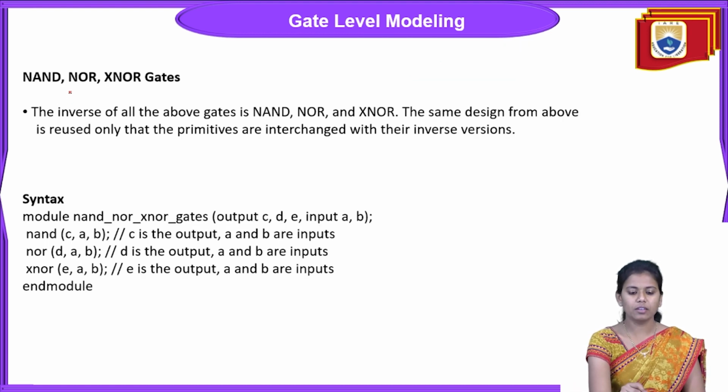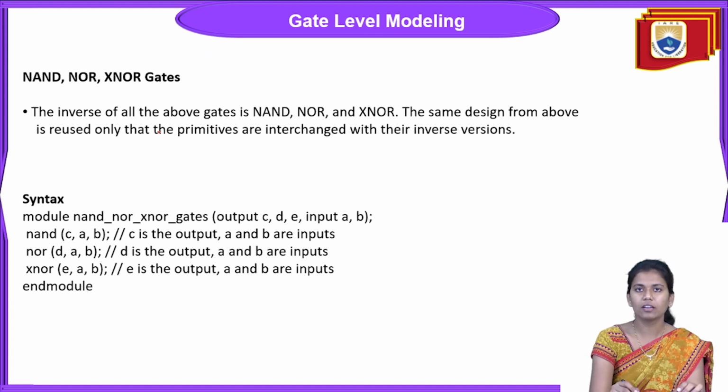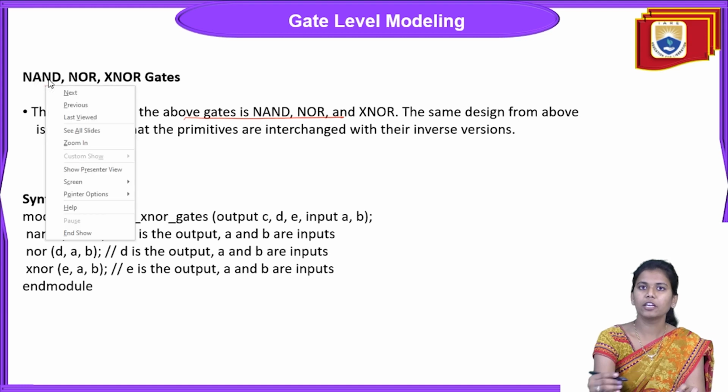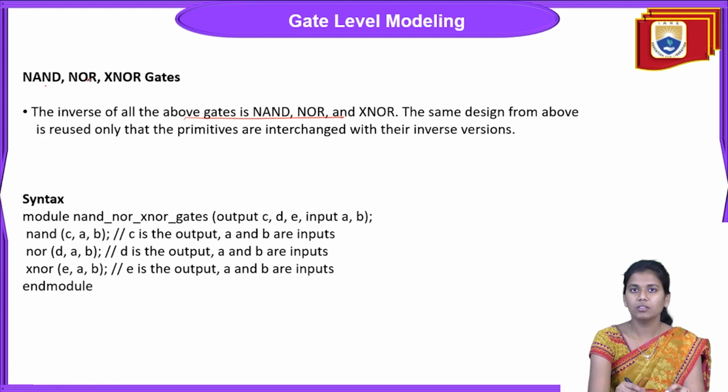And coming to the NAND, NOR, XNOR gates. These are the inverse of all the above gates. The NAND gate is the inverse of the AND gate, NOR is the inverse of OR, and XNOR is the inverse of XOR.